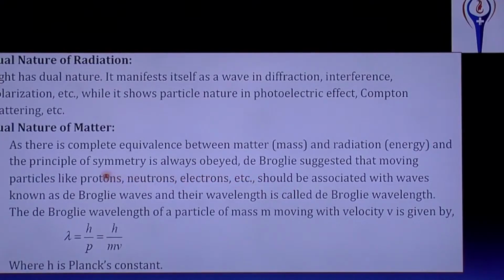De Broglie suggested that moving particles like protons, neutrons, electrons should be associated with waves. That wave is called de Broglie wave, and its wavelength is called de Broglie wavelength. The de Broglie wavelength of a particle of mass m moving with velocity v is given by lambda equals h by p or h by mv.